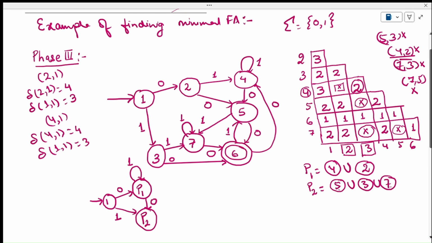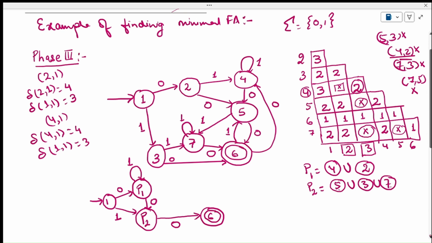Now for the transition of P2, we will see the transitions of 5, 3 and 7 in the original table. 5 on reading 0 is going to state 6. 3 on reading 0 is also going to state 6. 7 on reading 0 is also going to state 6. So all 3 of these on reading 0 are going to state 6, and 6 is the accepting state. Now P2 on reading 1.